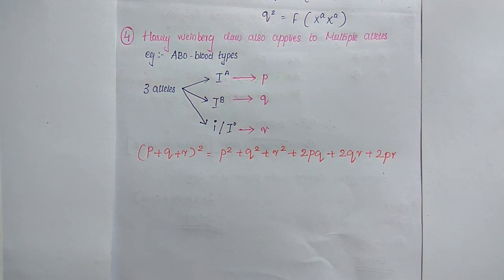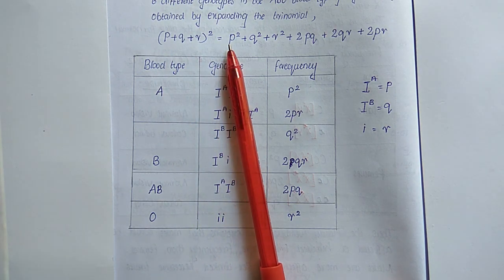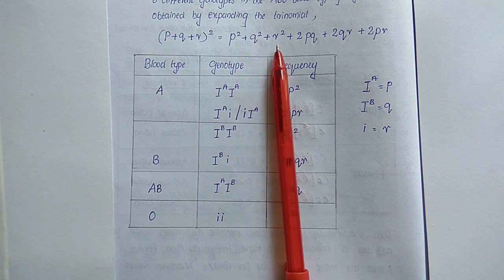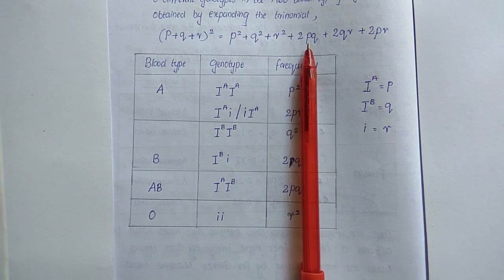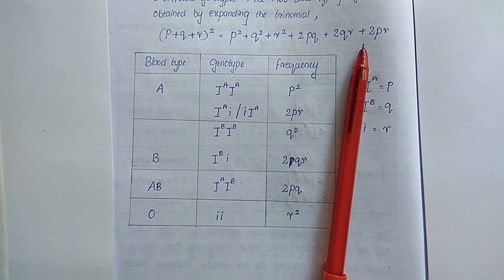The frequencies of the six different genotypes in the ABO blood type system are obtained by expanding the trinomial (p plus q plus r) squared, which is equal to p squared plus q squared plus r squared plus 2pq plus 2qr plus 2pr.